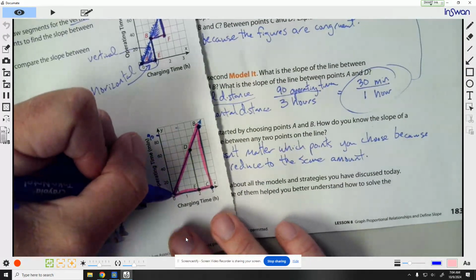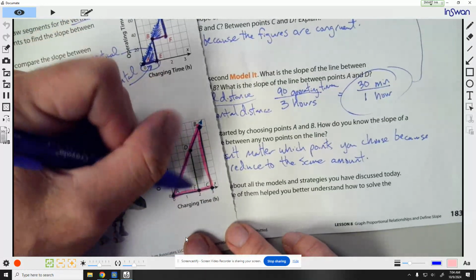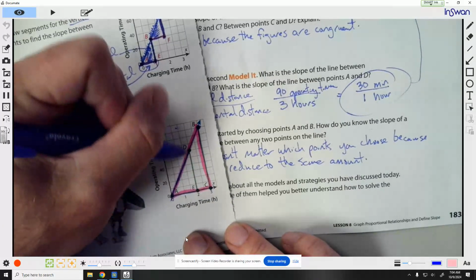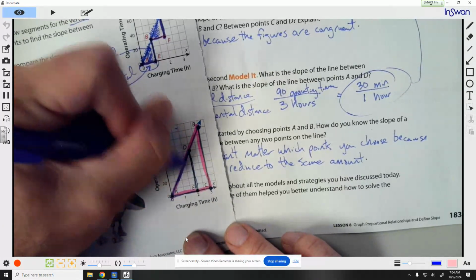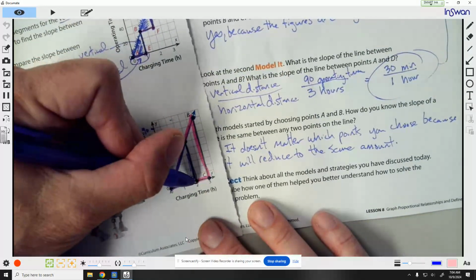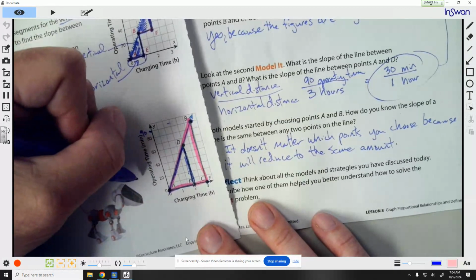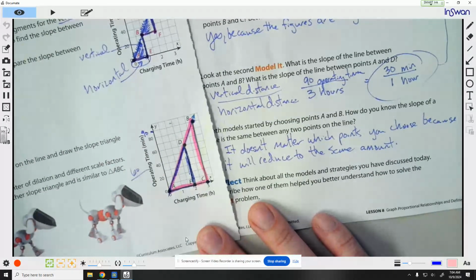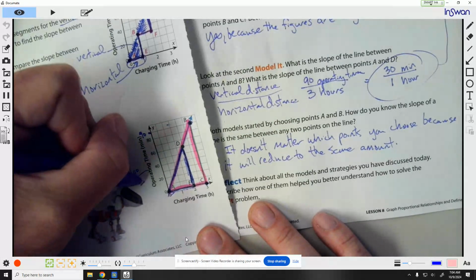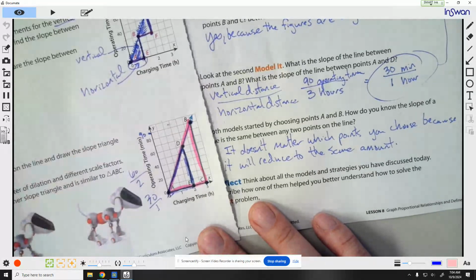Meaning if I'm looking at point A to B there, make this big triangle, that's going to be the same thing as if I chose this smaller triangle here, A, D, E, for example. If I look at this one, my vertical distance right here, 0 to 60, so that'd be 60, over my horizontal distance, 0 to 2. 60 to 2 would reduce down to 30 to 1.